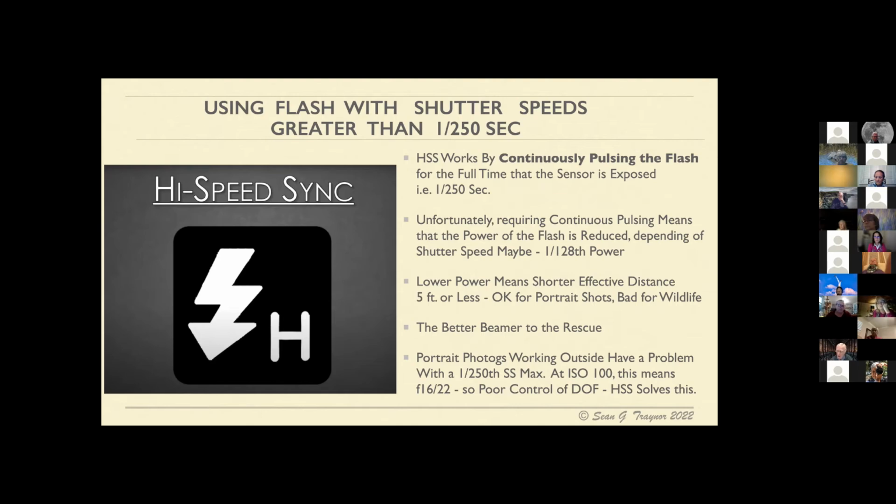And you're probably going to have to stop down the aperture to f/16 or f/22 to restrict the amount of light coming into the camera. That's going to result in poor depth of field. So everything behind the subject will likely be in focus, which may not be what the photographer may want. So if you're going to use flash outside, switching to high-speed sync solves this problem because there's much less light created.